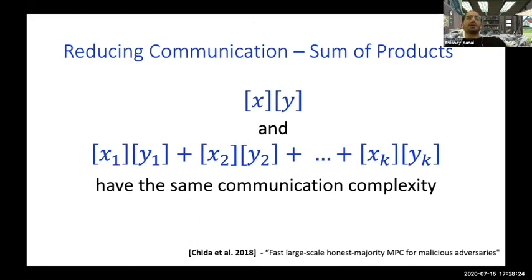So it doesn't matter what the size of the vectors is that we do the dot product on. Operating a secure dot product has exactly the same cost as just one multiplication, which is constant per server.